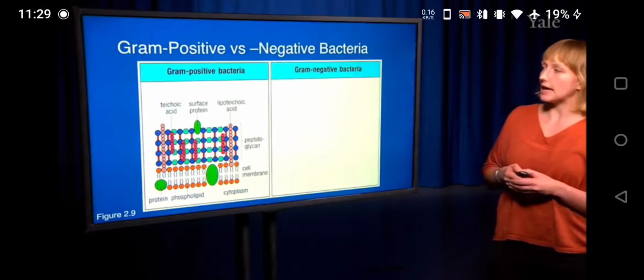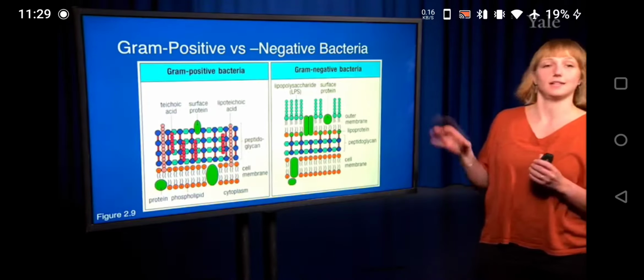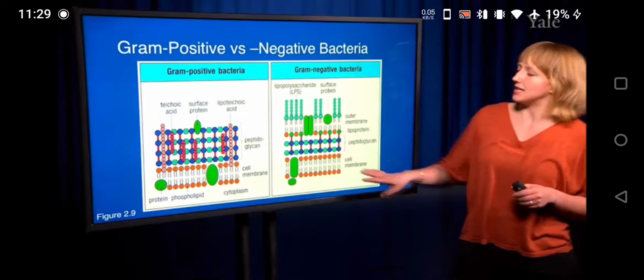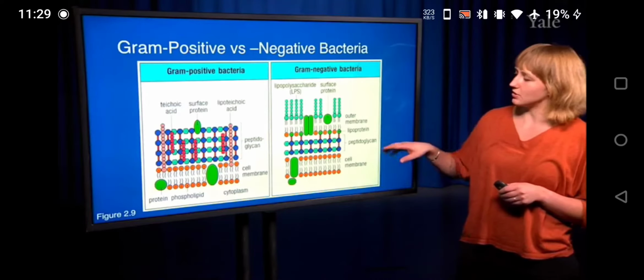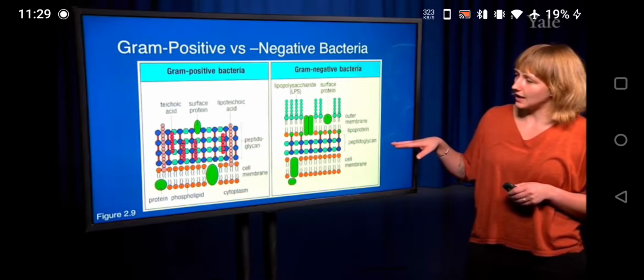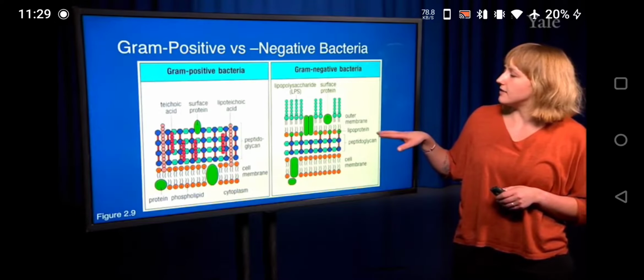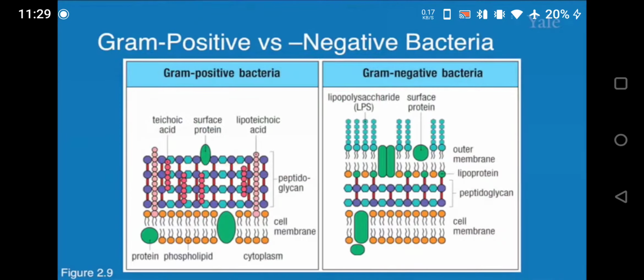And this together is their cell wall. Now, gram-negative bacteria are slightly different, as you can see, and here's their cell membrane. And although they do have peptidoglycan seen here, they have this lipoprotein, and they have this large outer membrane that the gram-positive bacteria do not have. And this is covered with what is called lipopolysaccharide, or LPS.